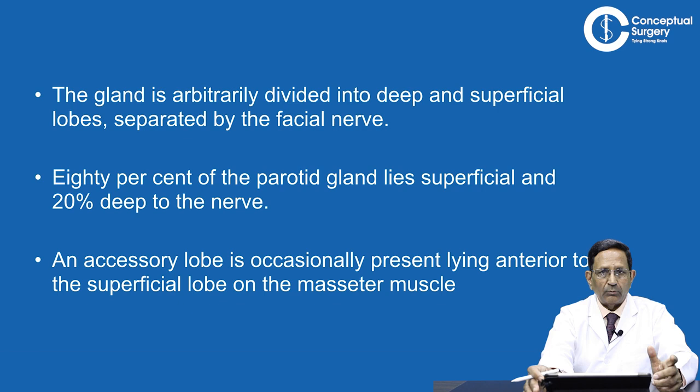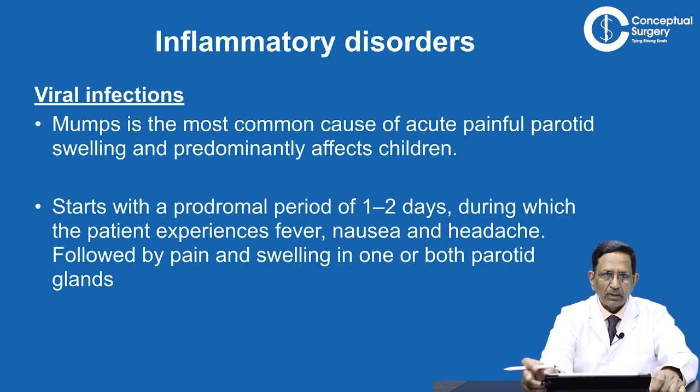I have already said about the superficial and deep lobes: 20% is deep lobe, 80% is superficial, and sometimes there is an accessory lobe which lies above the masseter muscle.